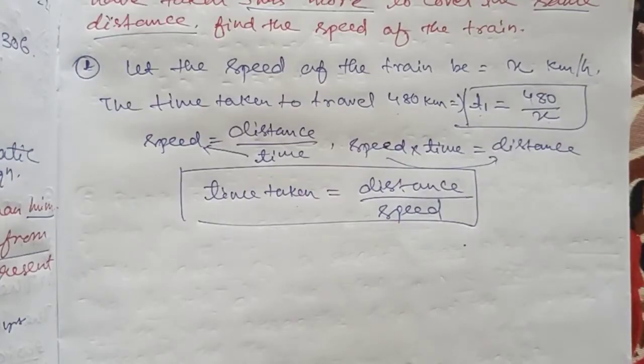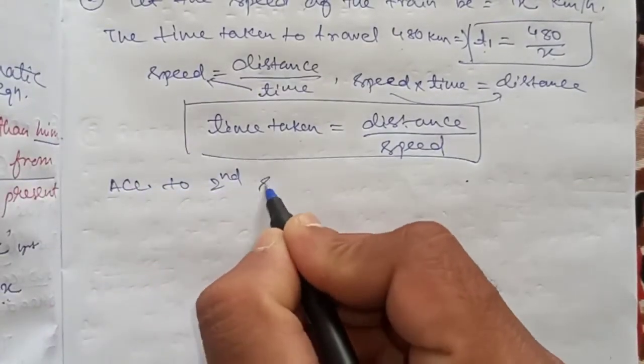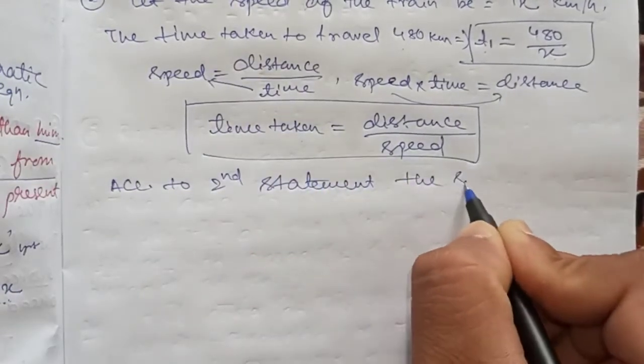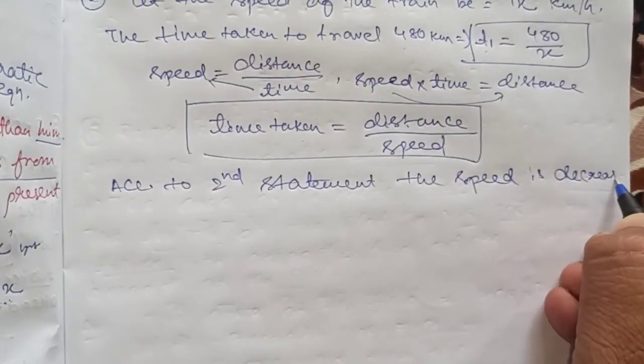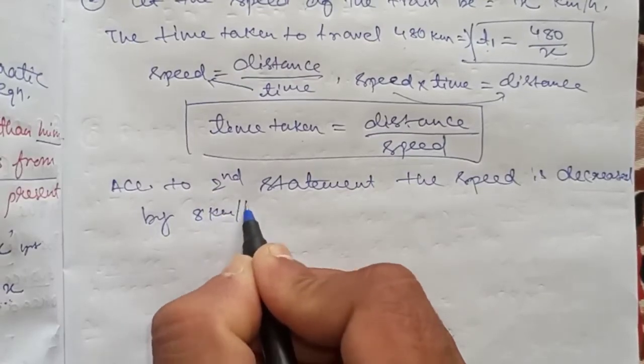In the second situation, according to the second statement, the speed is decreased by 8 km per hour.